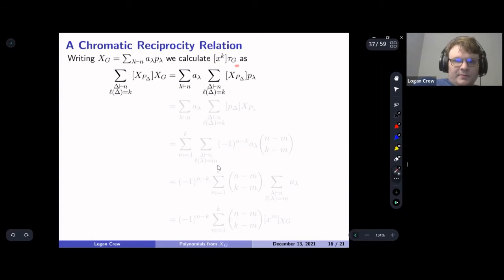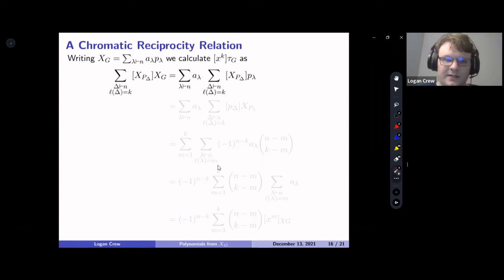Well, this coefficient by definition is what happens if we take X_G and we sum the coefficient of X_{P_delta}, as delta is ranging over all partitions of that length. If we expand X_G, then we're going to have this sum on the right here. We're expanding into p_lambda, and now it suffices to understand the coefficient of the path delta in p_lambda.